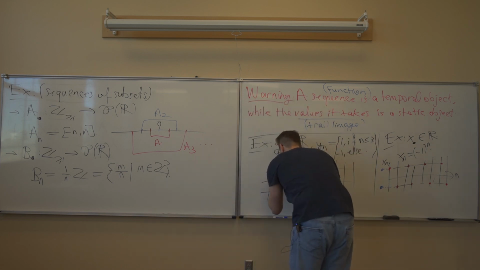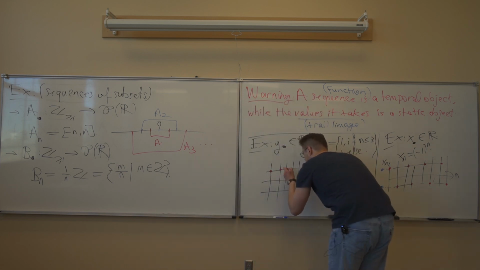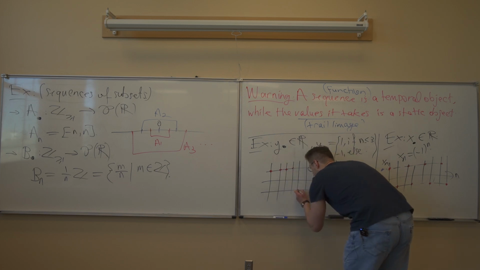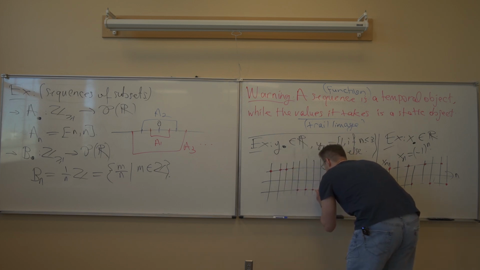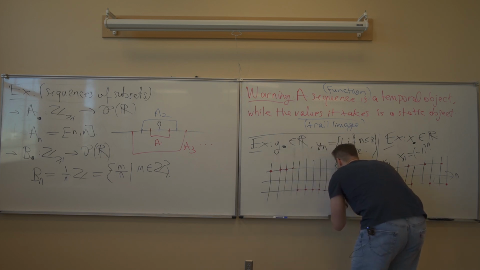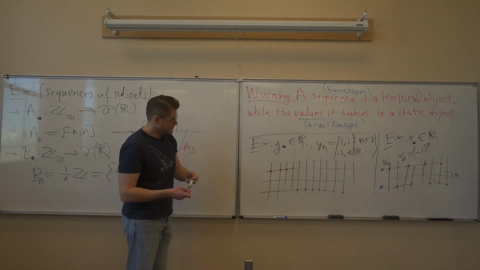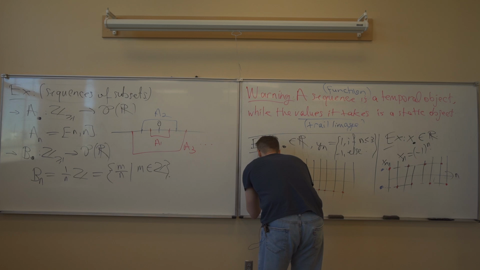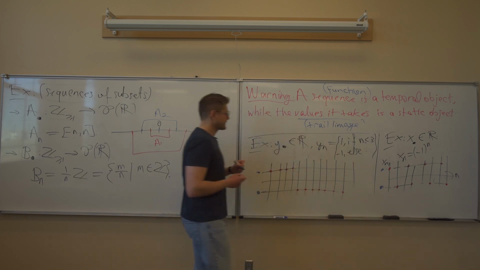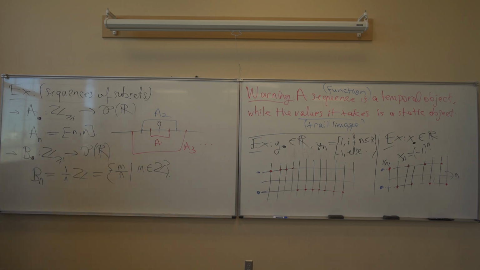So 0, 1, 2, 3, and then I stay at minus 1. This is my y sequence, but the trail is the same. Always keep this in mind.